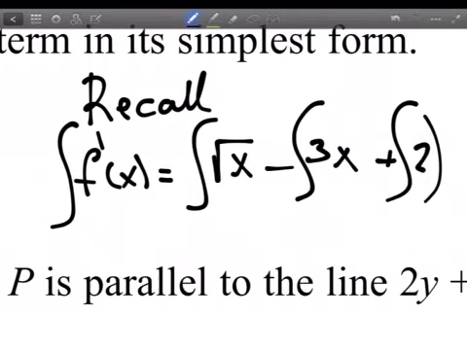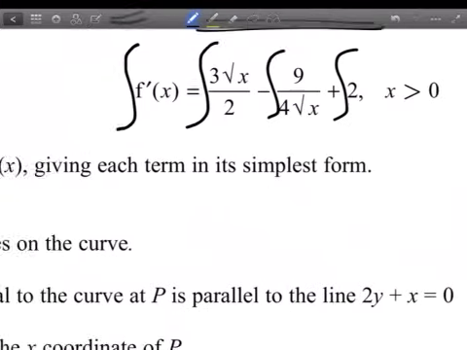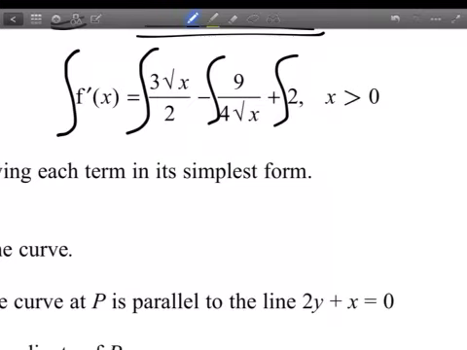That is our rule that we will use. And let's start finding the first part.